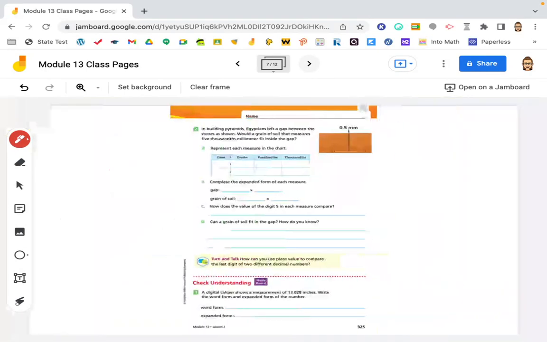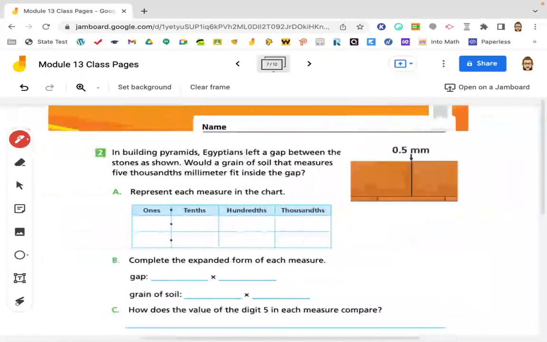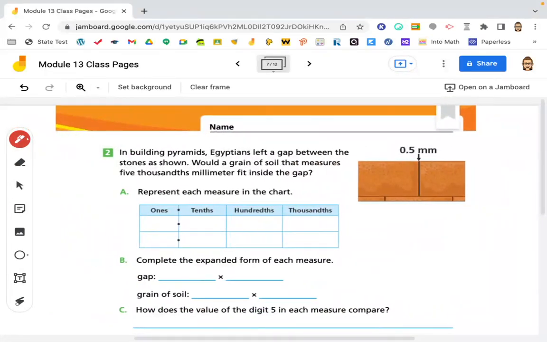I'm going to go to the next page. It says, in building pyramids, Egyptians left a gap between the stones as shown. Would a grain of soil that measures 5/10 millimeter, or that measures 5/1000 millimeter, fit inside the gap?